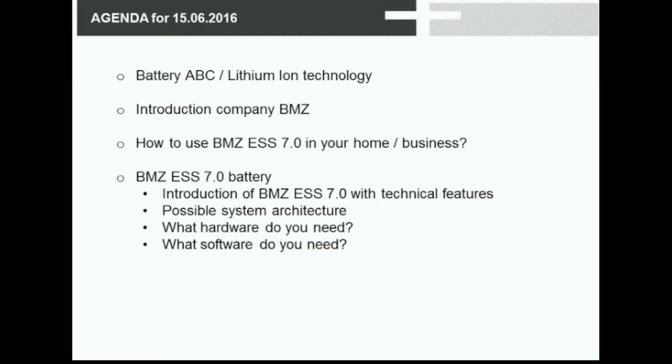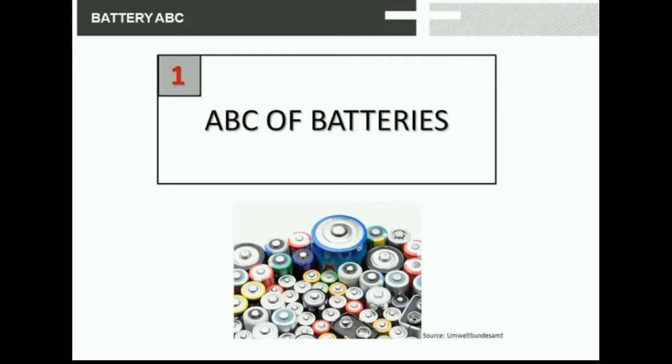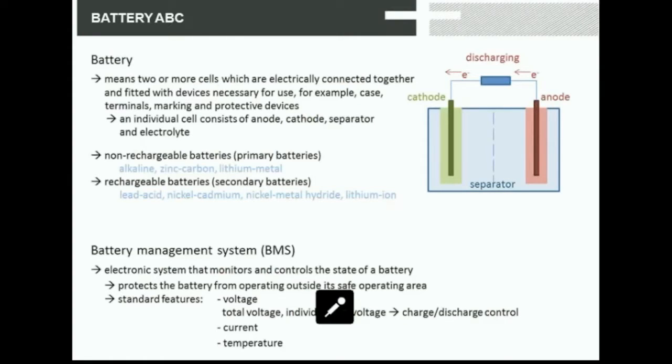So first, starting with the ABC of batteries, I'll jump over some points because they are partly very basic, and I'm pretty sure everybody of us is well aware of that. So what is a battery? A battery means two or more cells connected electrically together, with different applications possible.